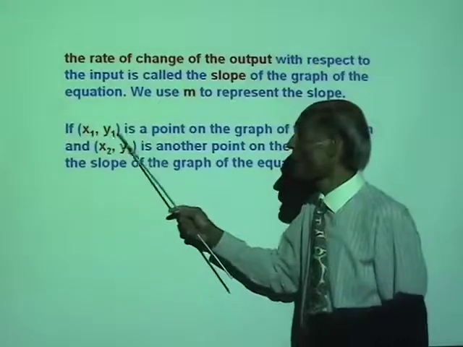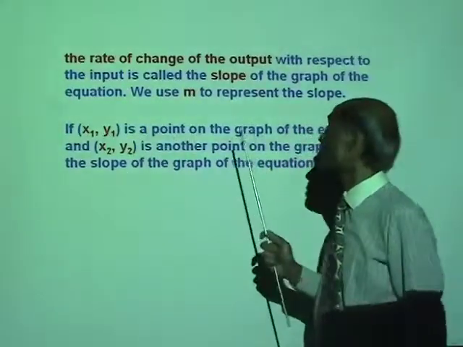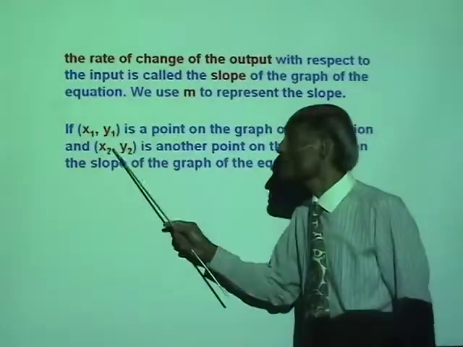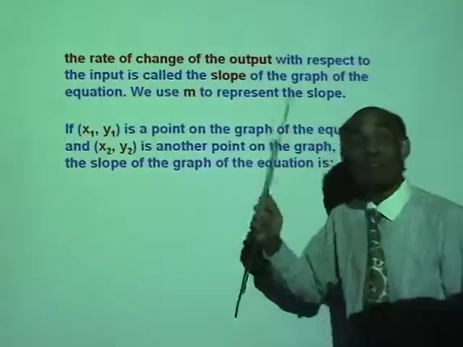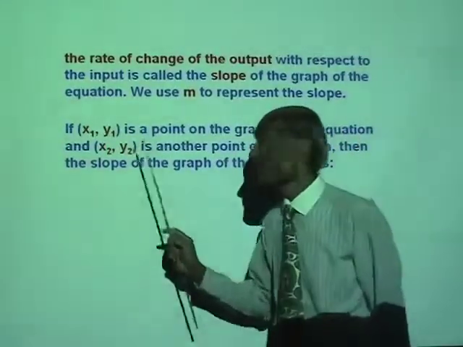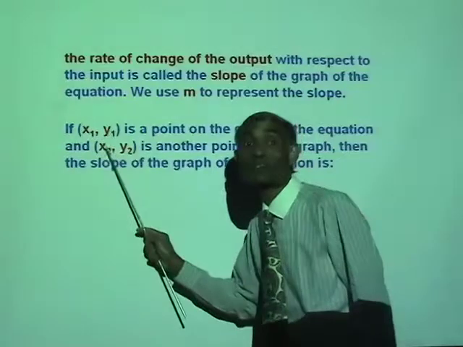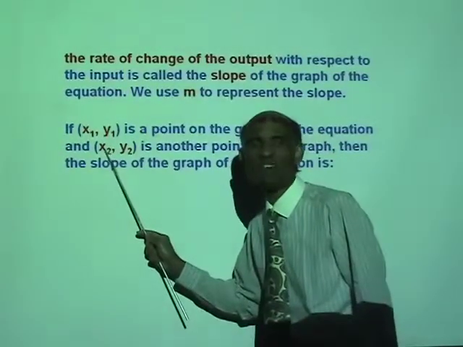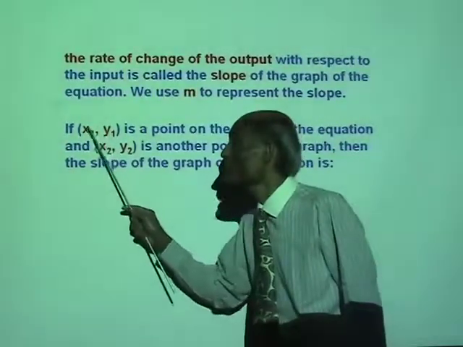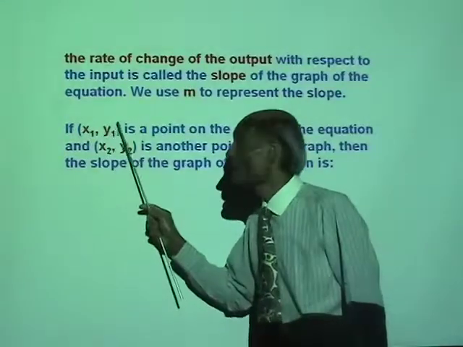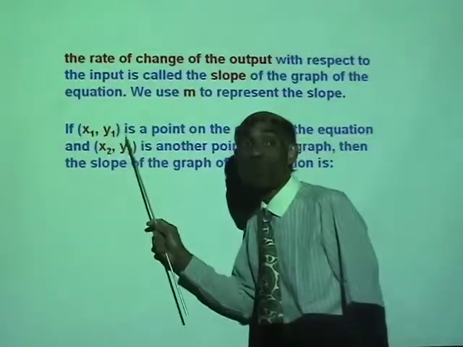If x1, y1 is a point on the graph and x2, y2 is another point, what does it mean? x1 changed to x2. What is the change in the value of x? x2 minus x1. Then y1 changed to y2.